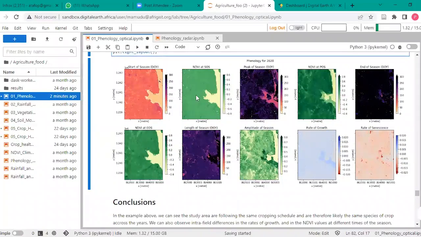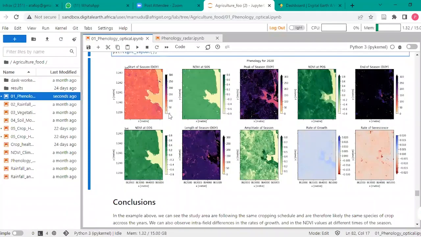Now we also see the NDVI values at the start of the year, at the peak of the year, and at the end of the year. If you observe, at the peak of the year, the NDVI is generally high, right? And you can definitely see areas that have the most greenness, given the start of the season, peak of the season, and even the end of the season.